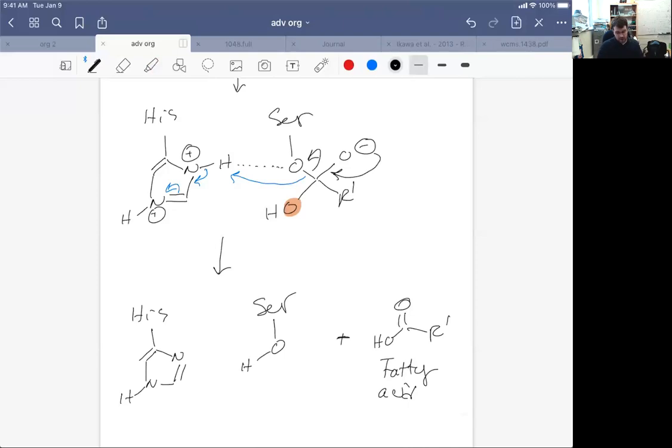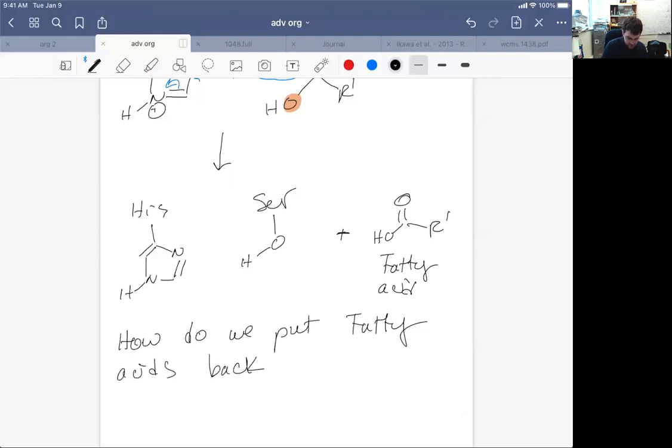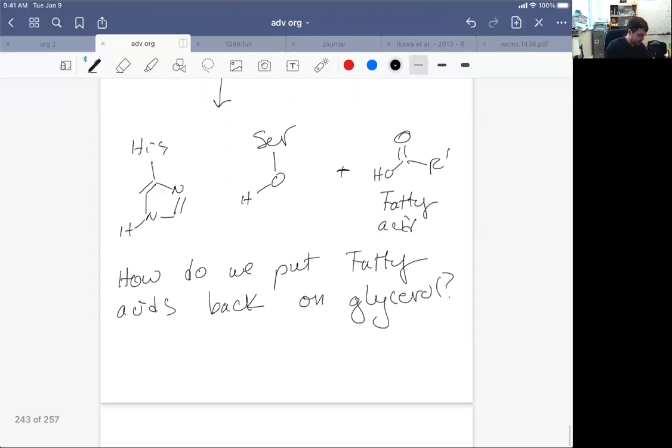All right, so the question now is, how do we put fatty acids back on the glycerol? So how do we put the fatty acids back on glycerol?